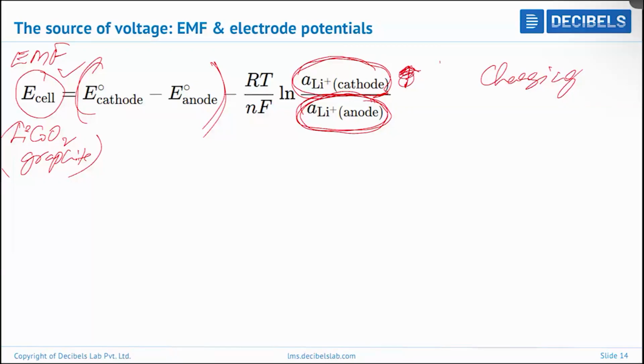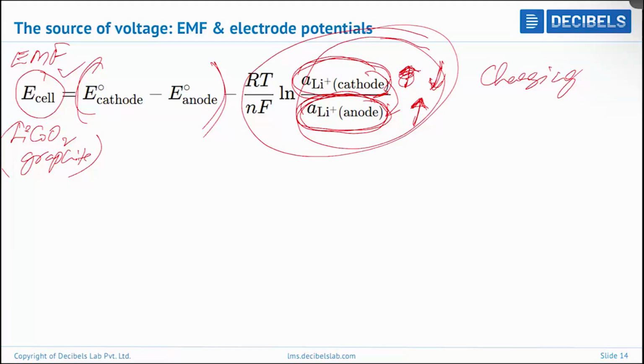This concentration decreases because we are pushing the lithium ion to the anode, and this concentration increases. So overall, this term decreases. Since this will decrease, E cell minus E naught cell increases. So the voltage increases.